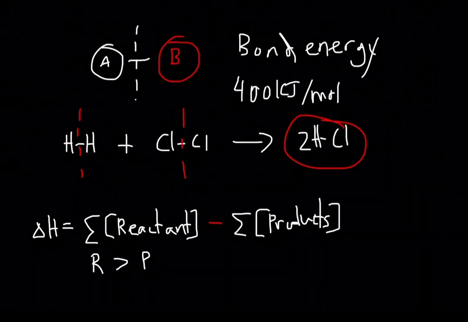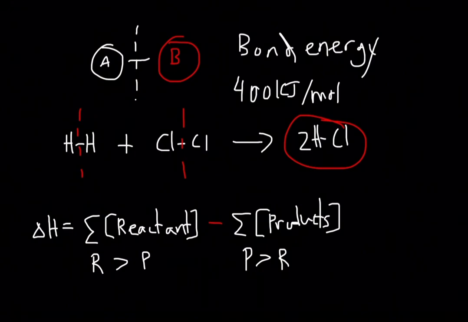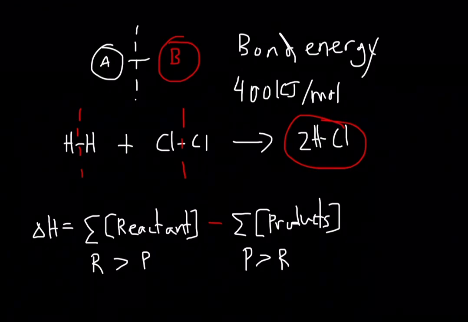An exothermic reaction is when the amount of energy released is greater than the amount of energy required to break the bond. There's a net loss of energy, so it's giving away heat.